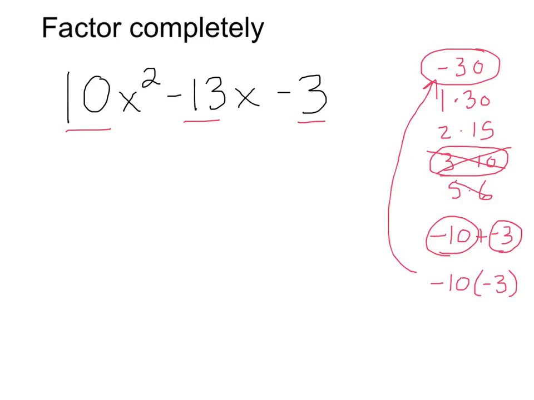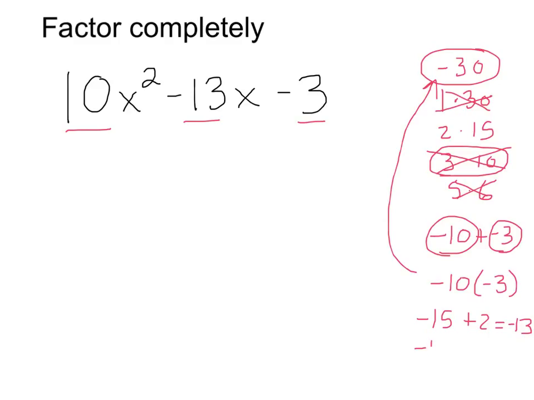Now, of course, 6 and 5 don't add up to be 13. 30 and 1 don't add up to be 13. But now let's explore 15 and 2. Right, Jordan? So, Jordan, does 15 need to be positive or negative? Okay, so you're saying negative 15 plus 2 equals negative 13. Is that right?